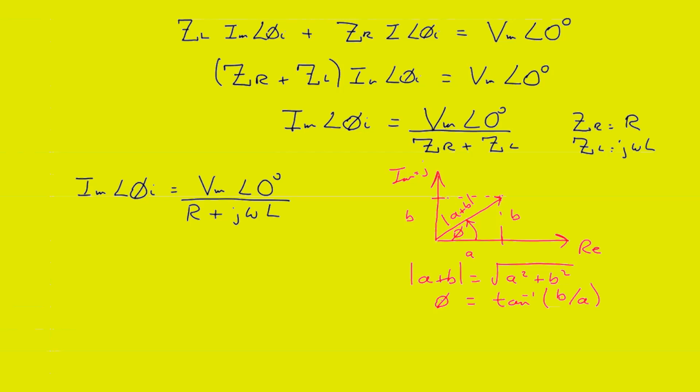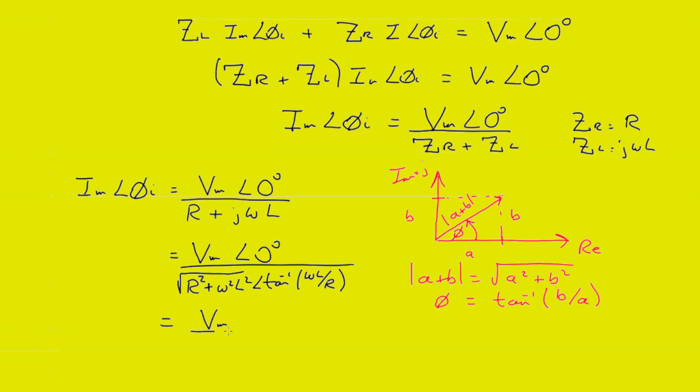Using what we know there then, we can rewrite this as Vm at angle 0, that hasn't changed, divided now by the square root of R squared plus omega squared L squared at an angle of tan to the minus 1 of omega L over R. Now I can find the magnitude as Vm divided by the square root of R squared plus omega squared L squared, all at an angle.